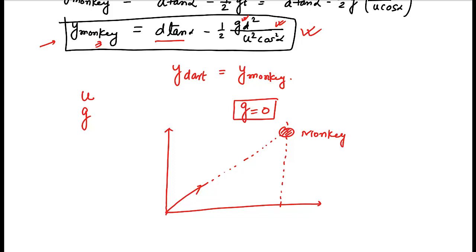It is also not going to be deflected because gravity is absent. So the dot will go in a straight line path and hit the monkey. If there is no gravity, the dot will follow a straight line path, the monkey will remain at the same position, and the dot is going to hit the monkey.